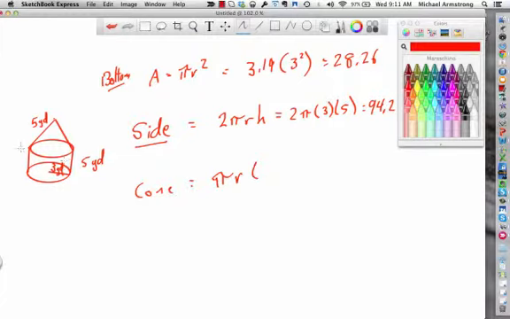So pi is 3.14 times the radius, which is 3, times the lateral height, which is 5. 3.14 times 15, because 3 times 5 is 15, is 47.1.